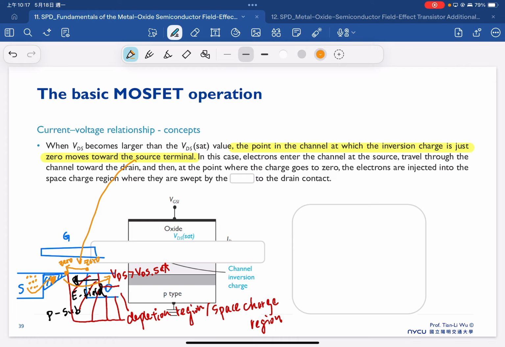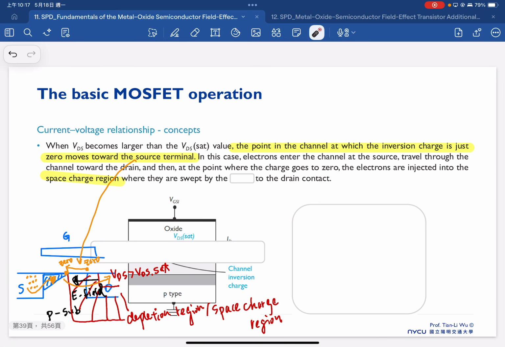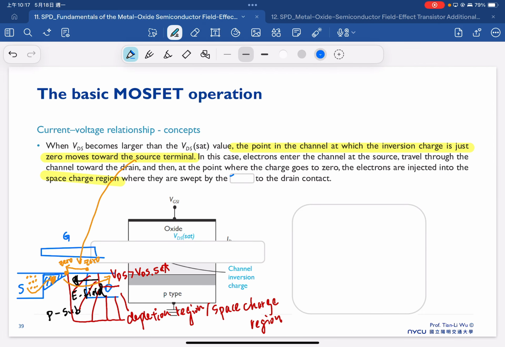Finally, the electrons reach the drain and become the current here. The space charge region is already shown here, where they are swept by the electric field to the drain contact.